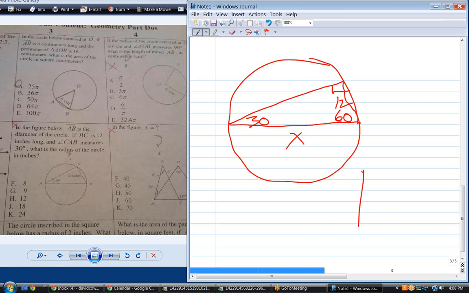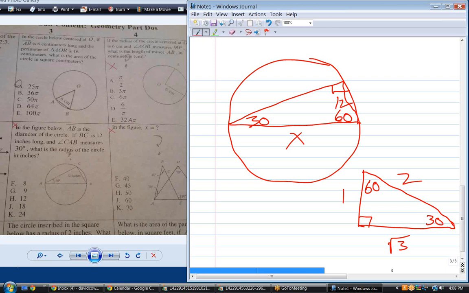Let's review our 30-60 triangle. I like to call this a unit 30-60 triangle. Most everybody uses these dimensions. So what we're doing here is comparing similar triangles.